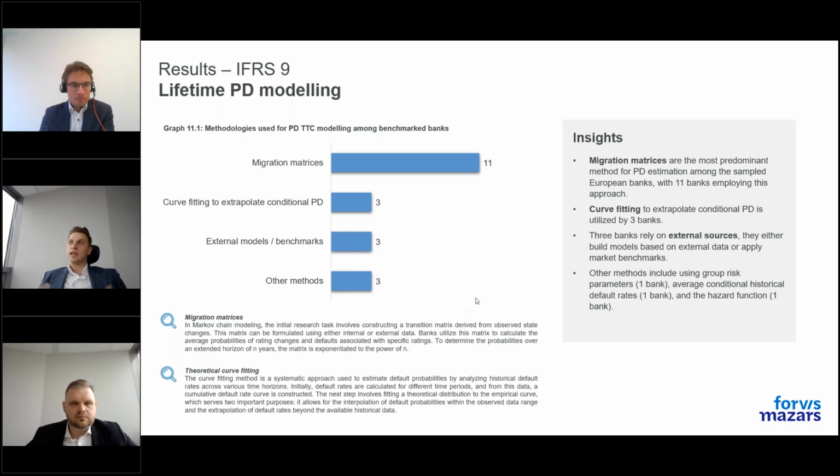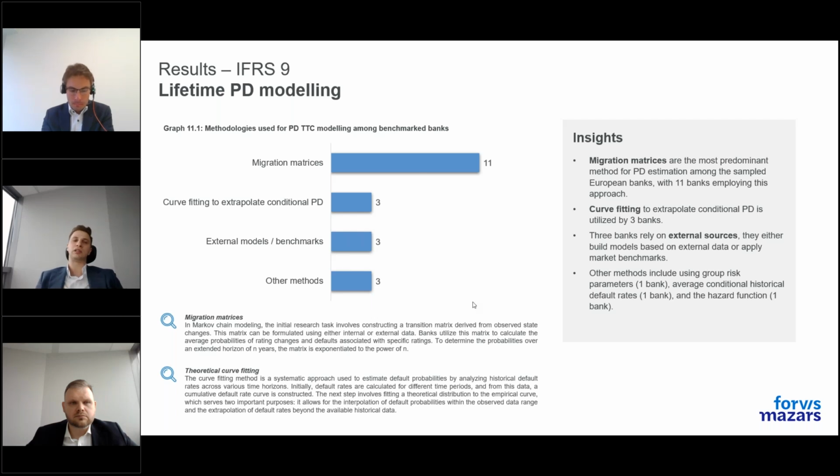Some banks cannot have enough data to calculate their own models, so they are basing them on some external sources. Either these are external data to calculate their models or external benchmarks.